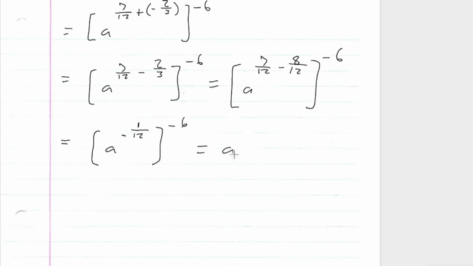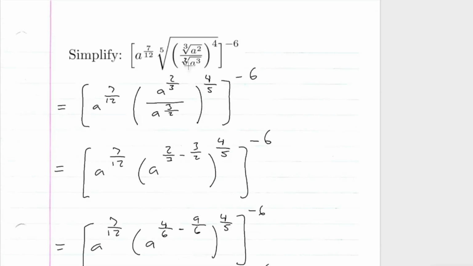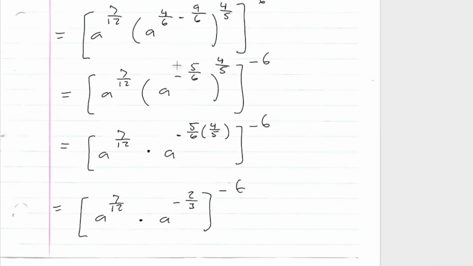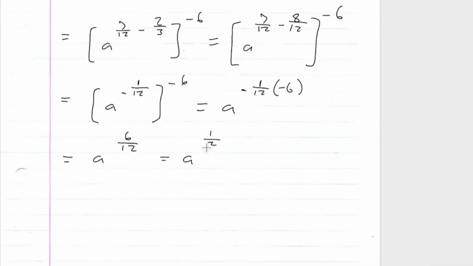So that'll be a to the -1 over 12 times -6, which is, when we multiply these two together, -1 over 12 times -6, that would be positive 6 over 12, or a to the 1/2. So this guy reduced is just a to the 1/2, or the square root of a.